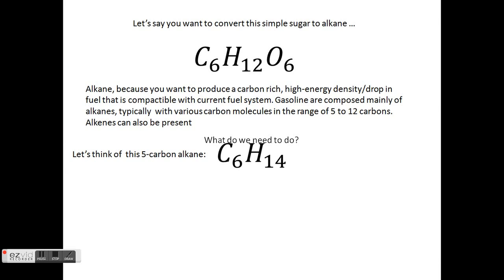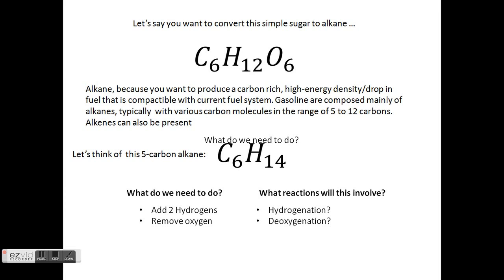What are some of the processes that come to your mind? So basically, we have 12 hydrogen here, we have 6 carbon, so we're not doing anything to the carbon. We have 12 hydrogens here, and we need 14 hydrogens, so basically we'll be adding 2 hydrogens to get 14. And we'll be removing all of this oxygen.